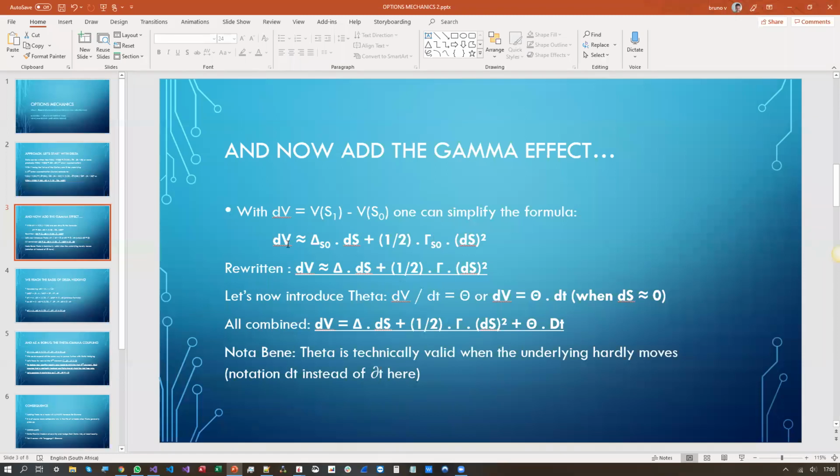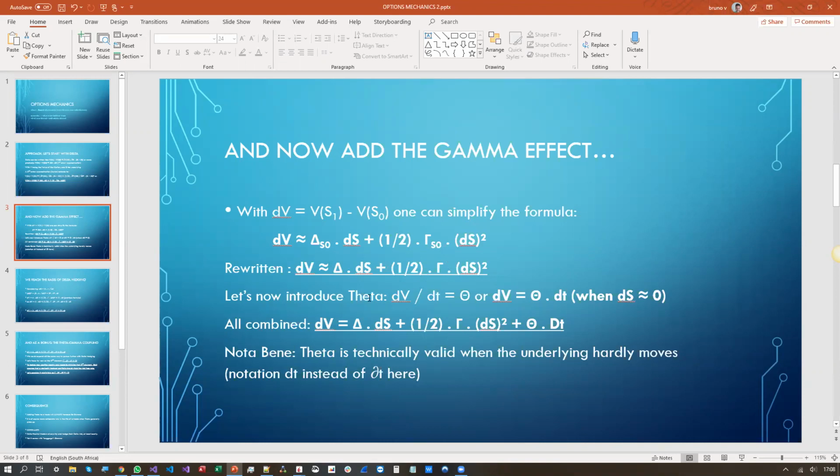The difference in price of the option is delta, again localized in S0, times dS, plus half of gamma in S0 times dS squared. So we write it this way, and this is a formula that we can keep in mind. Basically, it's a parabola approximation using factors which are delta and gamma, or half of gamma.